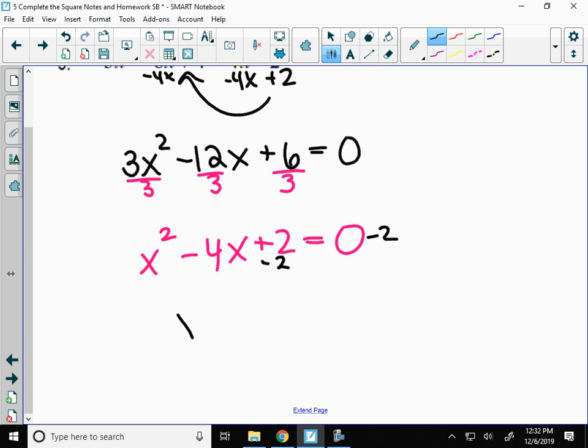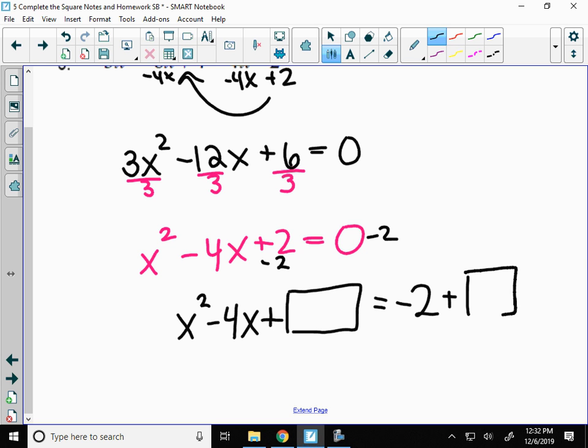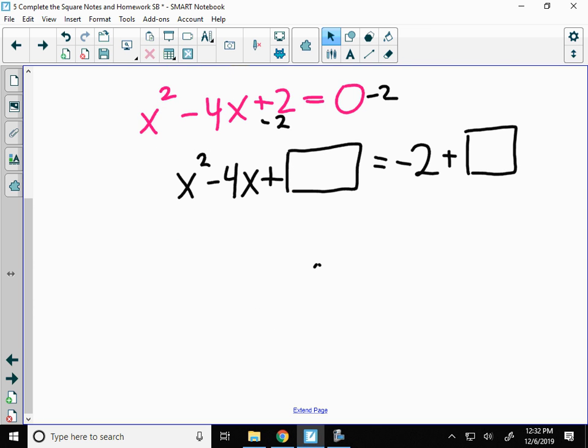Okay, so I'll have x squared minus 4x plus my box is -2 plus the box. Whatever goes in one box is going to go in both boxes here. 4. How'd you get 4? Yeah, -2 squared is 4.